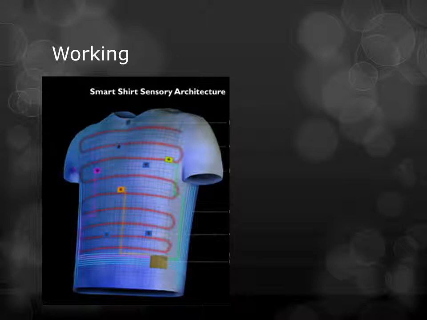So this is how the smart shirt architecture looks. The red lines here are the optical fiber. I will go through each part in detail. The first one is your microphone, the sensor over there. The red lines, as I mentioned, are the optical fiber which is woven into the smart shirt seamlessly. It's a plastic optical fiber and it is woven in such a way that there are no holes or discrepancies near the arm joints.